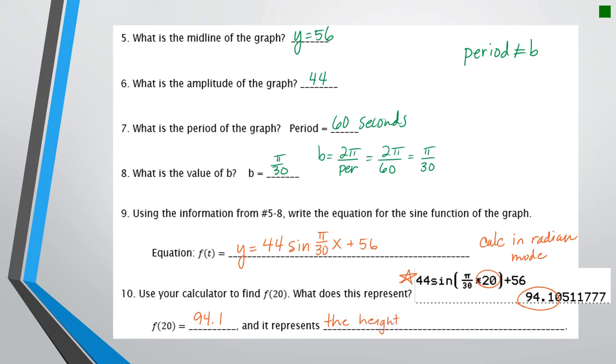I'm talking specifically about the car where you started, so the height of the car after 20 seconds. You could actually figure out the height of that car after any amount of time. All you would have to do is plug that in seconds into your x value, and it would tell you what your y value is at any particular time.